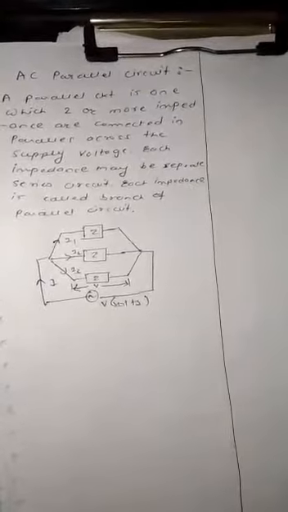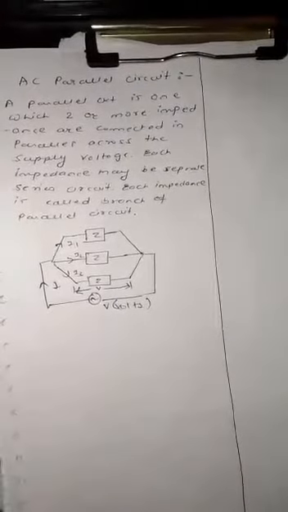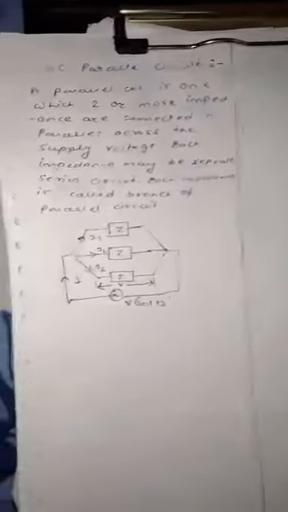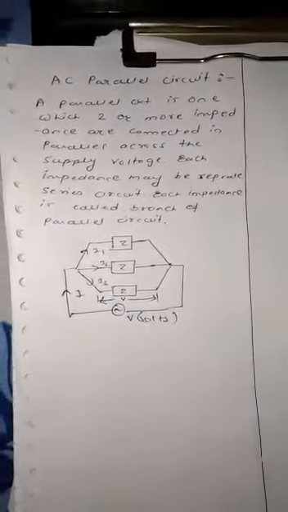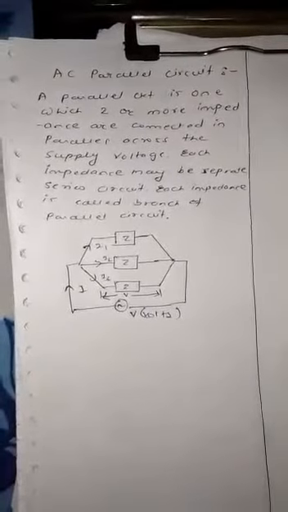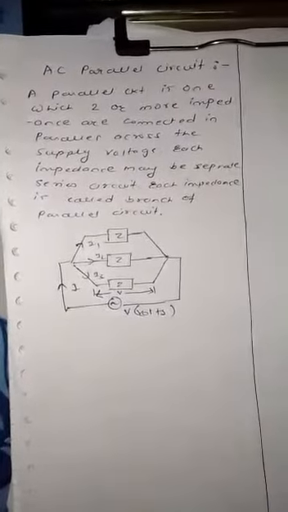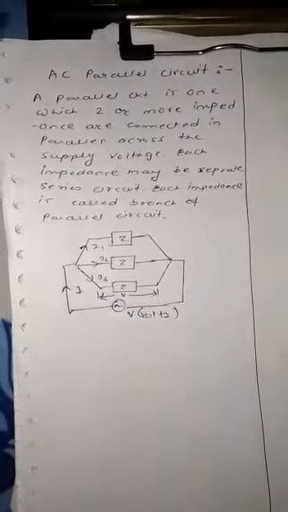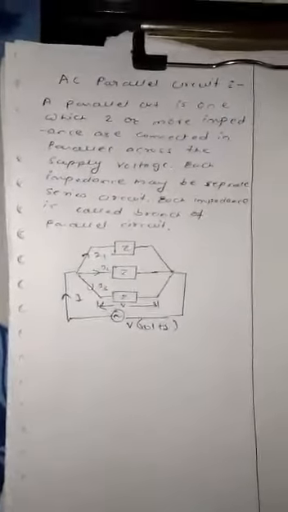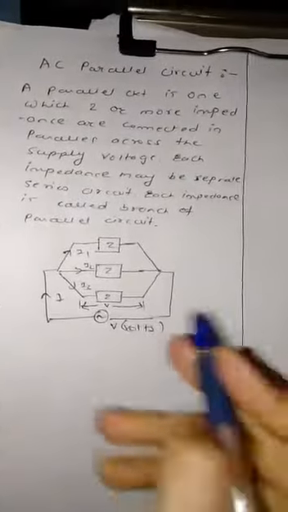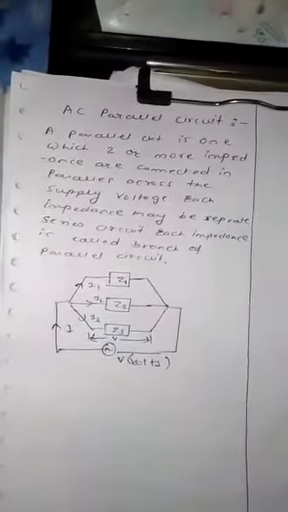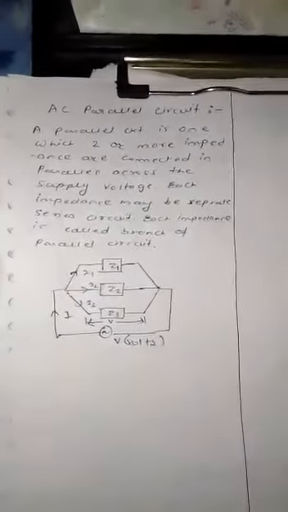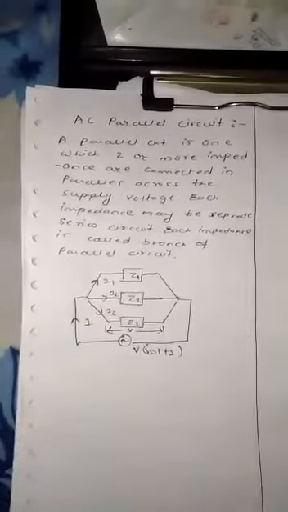The voltage across all the impedances is the same as the supply voltage V, because in a parallel circuit the voltage is the same for all the impedances, and the current will be different for the three impedances: I1 for Z1, I2 for Z2 and I3 for Z3.